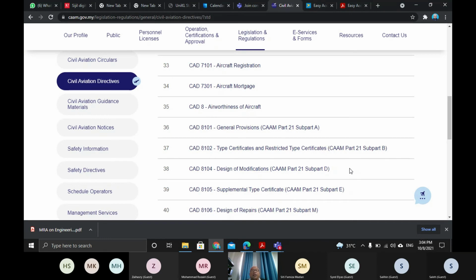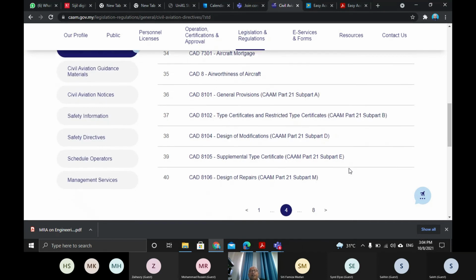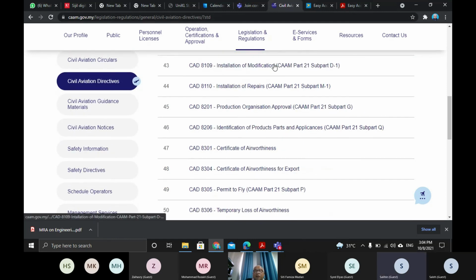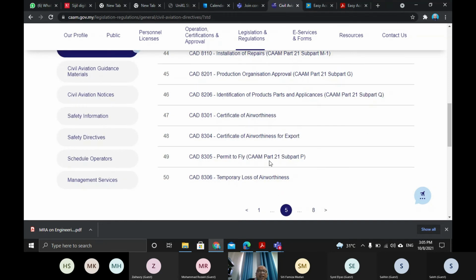When the aircraft is in operation and gets damaged and you need to repair it, that is according to 8106. When you have mod approval, you got the mod approval, and you want to install it, 8109. Install the repair, 8110. When you have COA, you may have a situation where you lost the airworthiness.